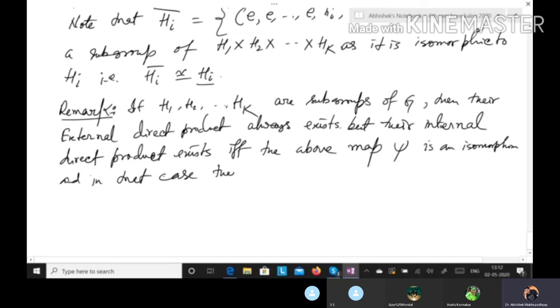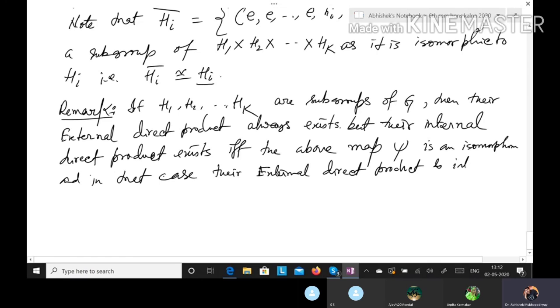So their external direct product and internal direct product are isomorphic.